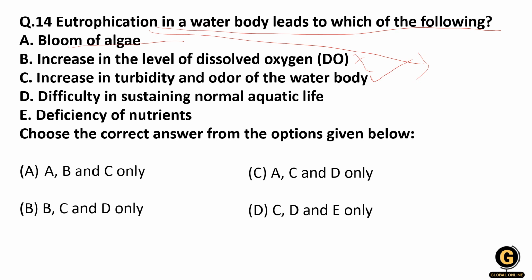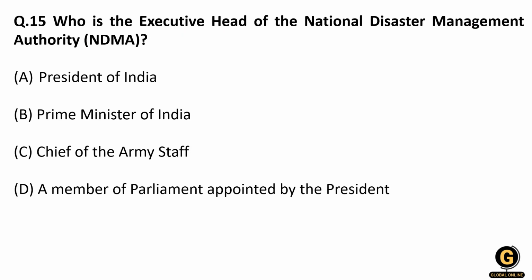Difficulty in sustaining aquatic life is right because there will be less oxygen, and then aquatic life will be in danger. The deficiency of nutrients is wrong; eutrophication means an increase in nutrients, so a bulk of nutrients will be present. So our correct answer will be A, C and D. I hope you have answered it correctly.